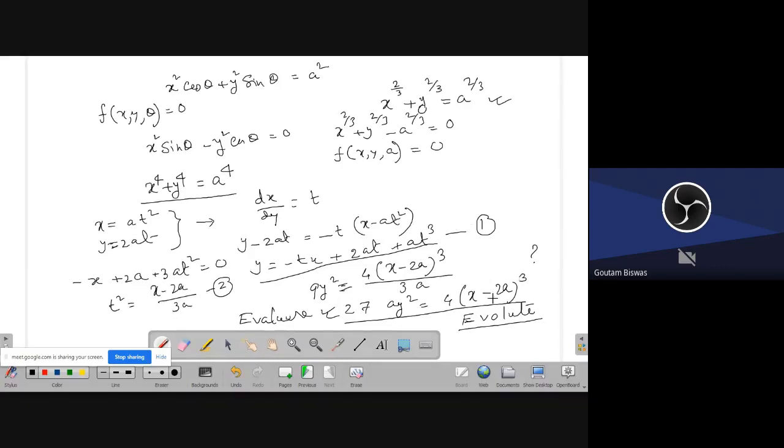You will get a curve which is called the evolute. So the evolute is nothing but the envelope of the normals to the curve.